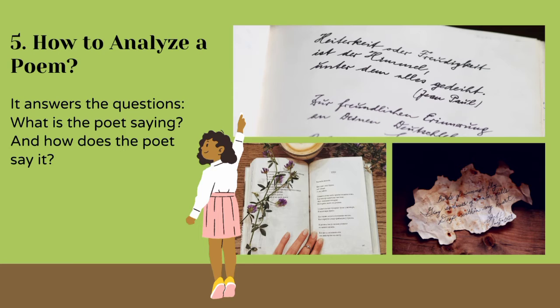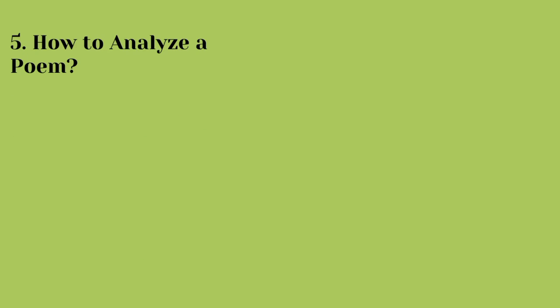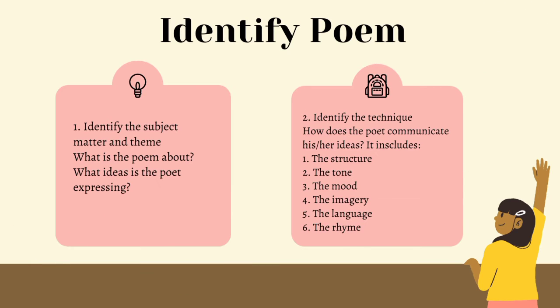How to analyze a poem? It answers the questions: what is the poet saying? And how does the poet say it? 1. Identify the subject matter and theme. What is the poem about? What ideas is the poet expressing? 2.